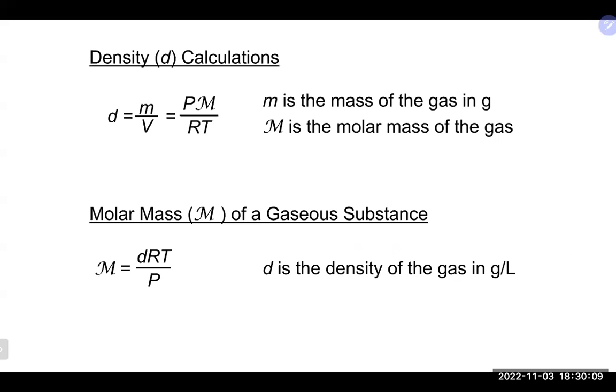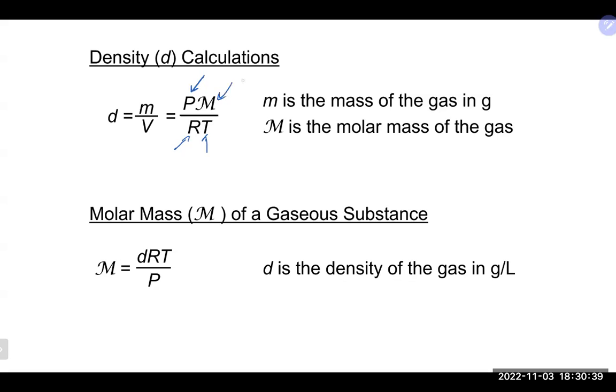All right, next we're going to talk about some calculations you might not have seen yet in terms of gases. We're going to talk about calculating the density and also the molar mass of a gas. To calculate the density, which is mass over volume, for a gas, we take the pressure in atmospheres times the molar mass, divided by our gas constant and our temperature in Kelvin.